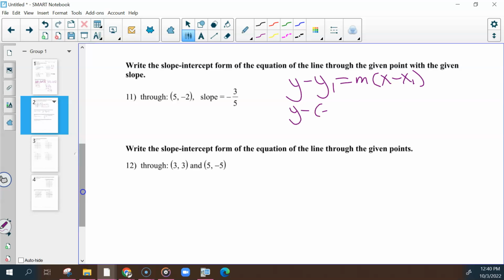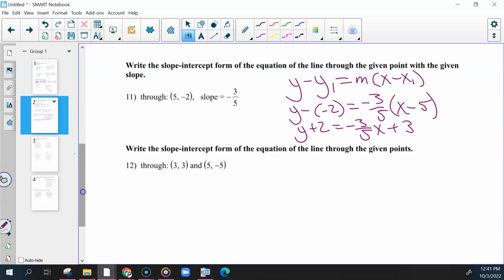Y minus a -2 equals -3 over 5 times x minus 5. We can make the minus a plus and distribute. Some of you that were doing this, when you distributed, you didn't make this a plus, which changed the rest of your answer, or you didn't multiply that correctly to get 3.